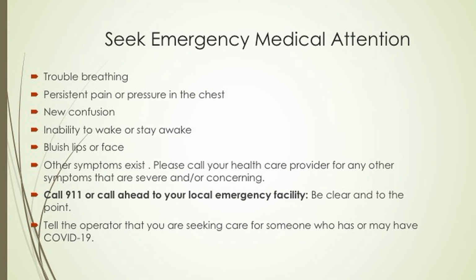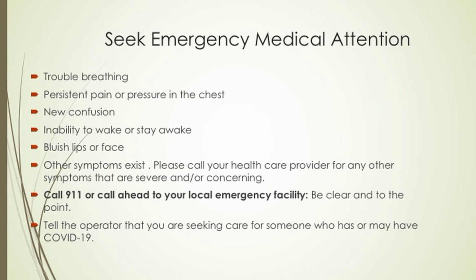Let's go more in depth about seeking emergency medical attention. So if you're having trouble breathing, if you have persistent pain or pressure in your chest, if you're starting to have confusion, that could mean that you've been oxygen deprived to the brain. You're starting to get confused about things. You have an inability to wake up or stay awake.